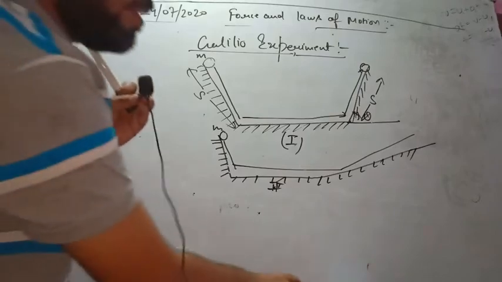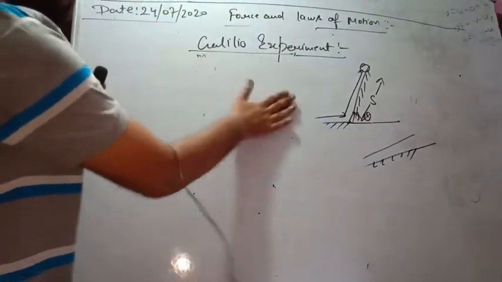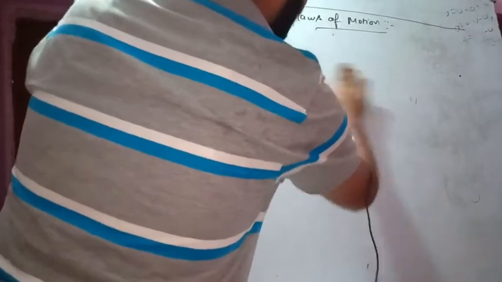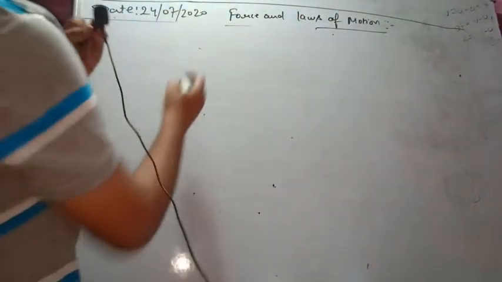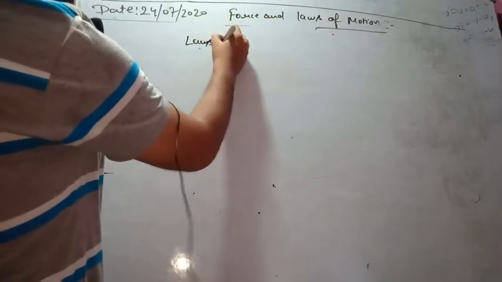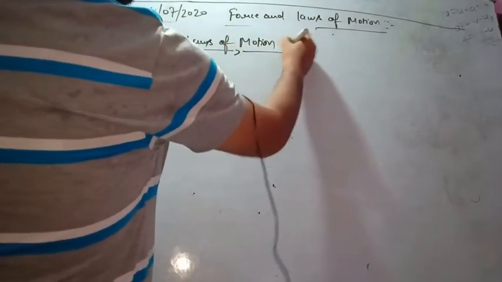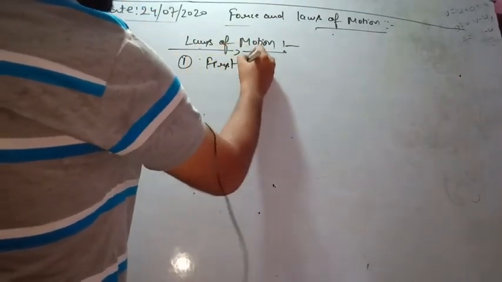So students, let us go further. Now we are going to discuss more topics from this chapter, the laws of motion. Actually, you are going to study three laws of motion. So, the first law of motion.